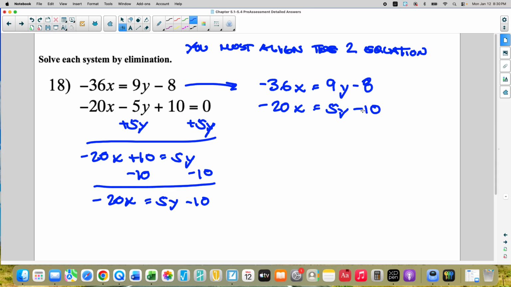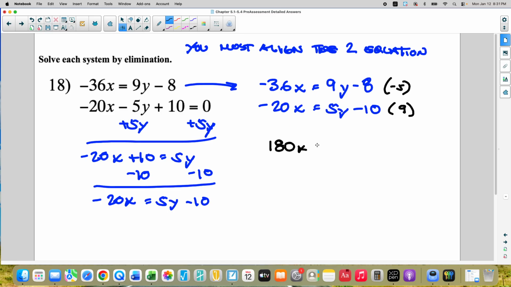Now I've got to deal with the variables. Which one do I want to cancel? So, that's not fun. I guess I'll get rid of the y's. So I'm going to multiply the top one by negative 5 and the bottom one by positive 9. That's going to give me a common multiple, but I've got to multiply everything. So that's going to give me 180x. 5 times 36 is 180.